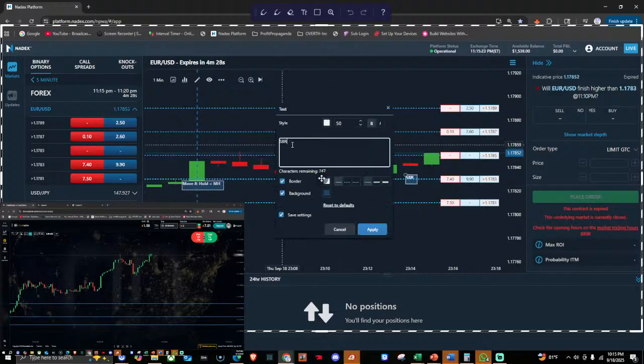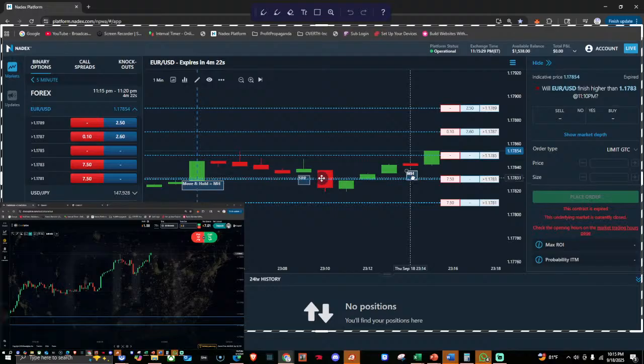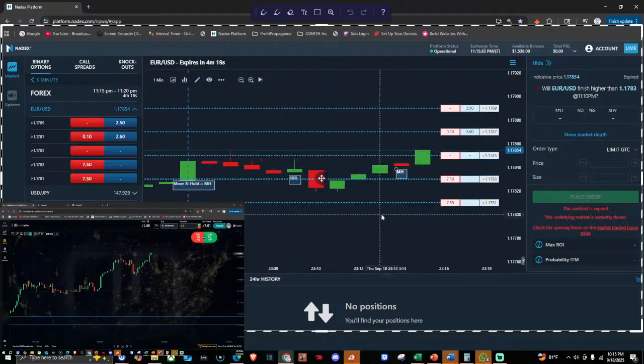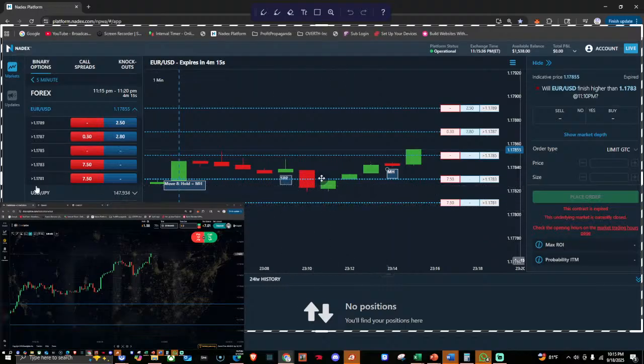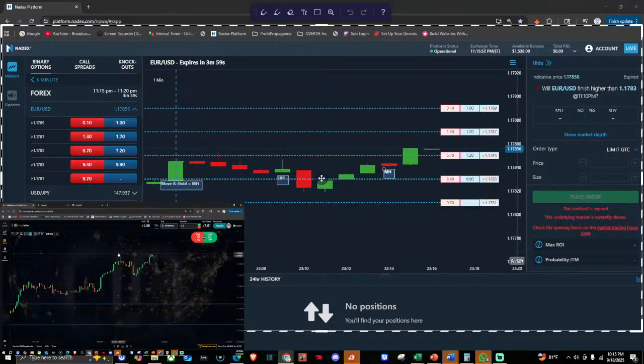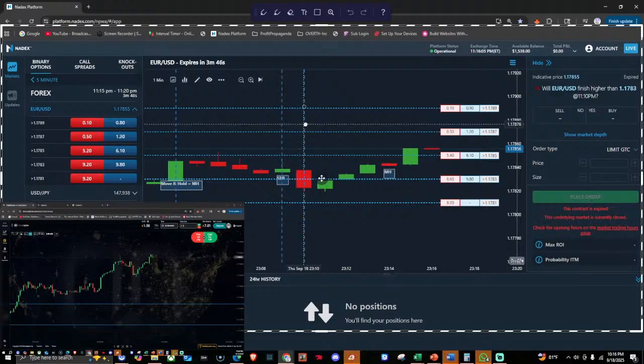Keep it simple. I'm going to use these little lines right here just to keep track of how many binaries we've observed. So far we've observed 3.